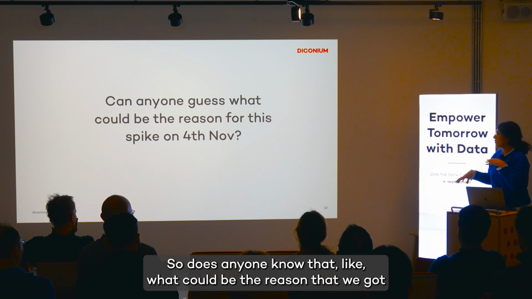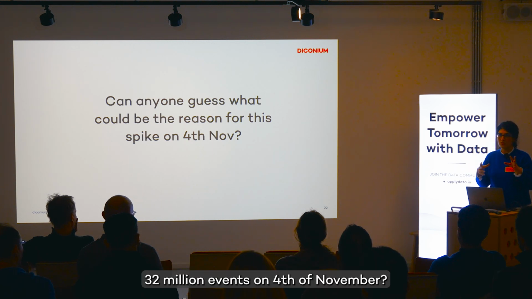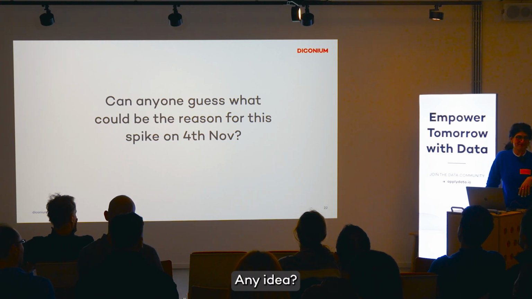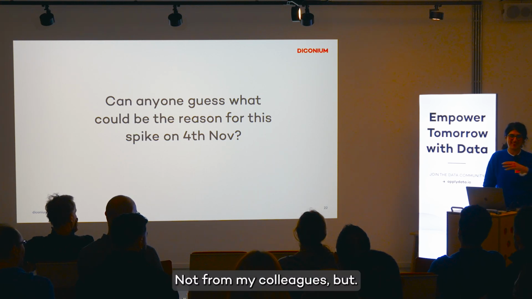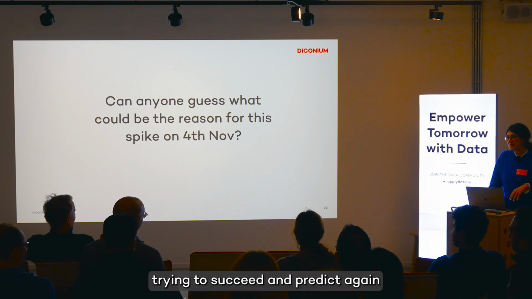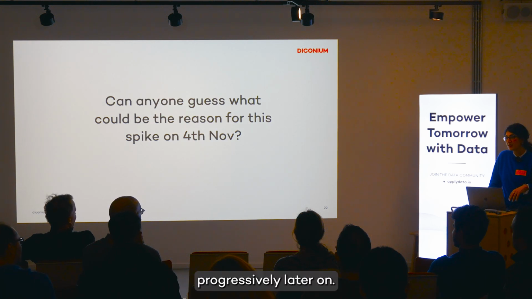So does anyone know what could be the reason that we got 32 million events on the 4th of November? Any idea? Not from my colleagues, but... The network retries, like the network didn't succeed and tried again progressively later and later.